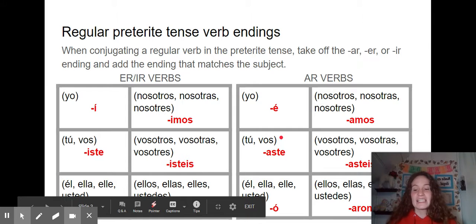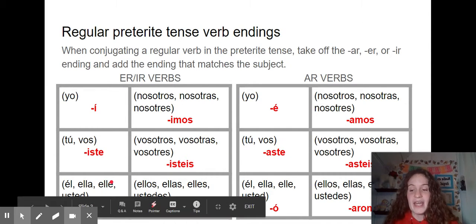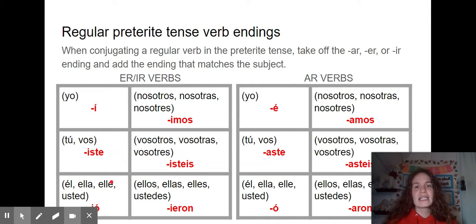Now, if we look at él, ella, elle form, then that means he, she, and elle would be non-binary. It could also be any singular subject. Then usted is the formal form of you.